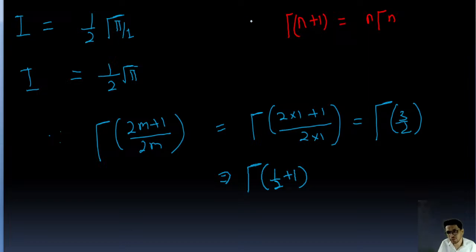And we'll use the formula gamma n plus 1 equal to n gamma n. Here n is 1 by 2, so this is 1 by 2 gamma 1 by 2. And gamma 1 by 2 value is root pi, guys. I hope you know it. So this is going to be 1 by 2 root pi.